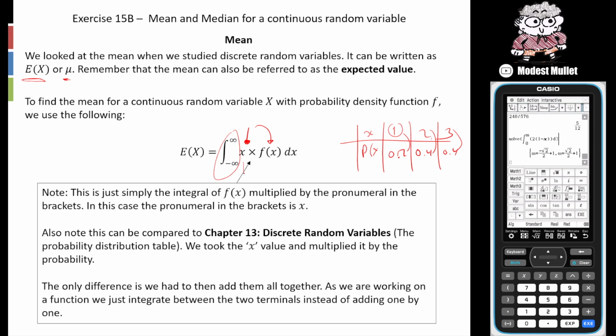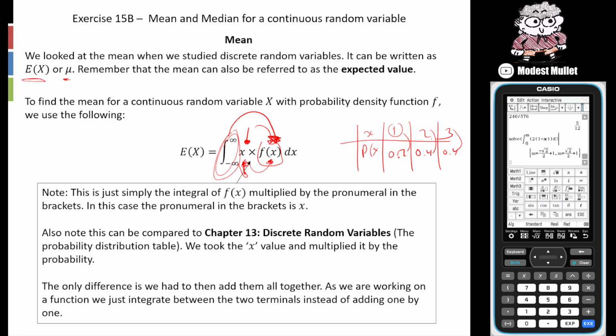We're doing the same here. We're multiplying each value by its probability and integrating over all the possible values, so summing them all up effectively. A little bit different to summing, but we're doing the integration because we're finding the areas, because technically f of x isn't the probability, it's the area under f of x, then multiplied by each value.